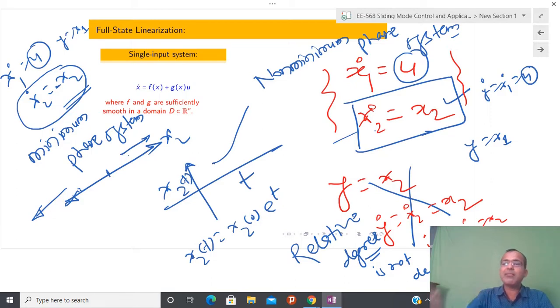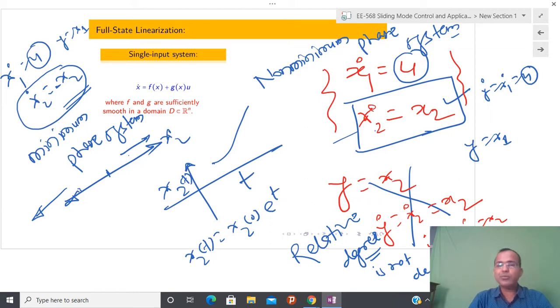So next class I will talk about that geometrical theory, or I will take input-output linearization now and define higher order sliding mode control. Let us see, either I will take the problem of sliding mode control or I will continue this part. Okay. So up to here, does anyone have confusion?